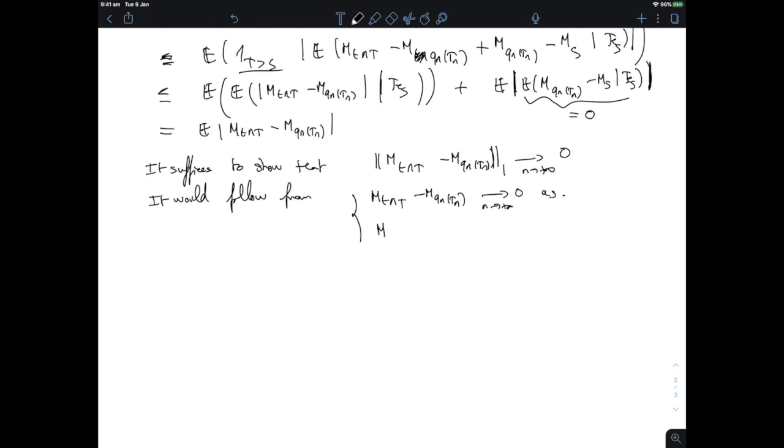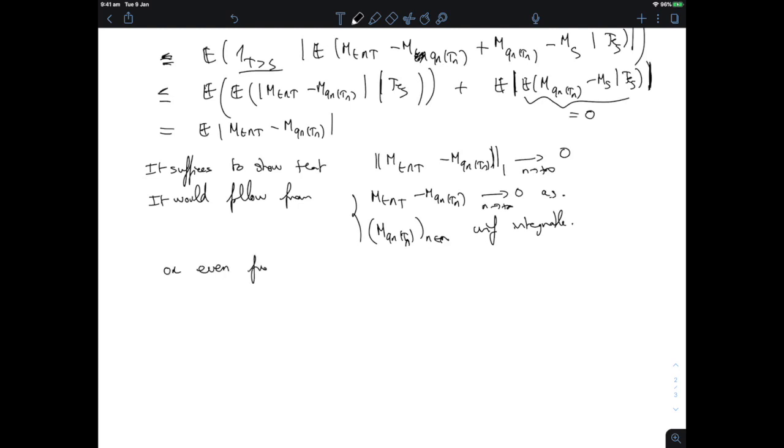Okay, but remember that we've seen that uniform integrability follows from being uniformly bounded in L2, for instance.